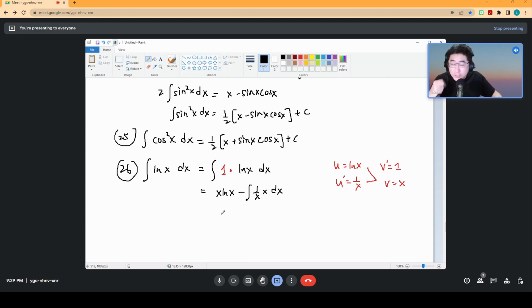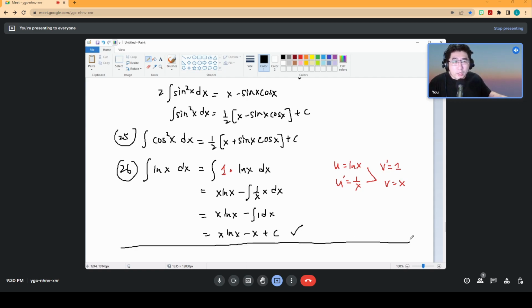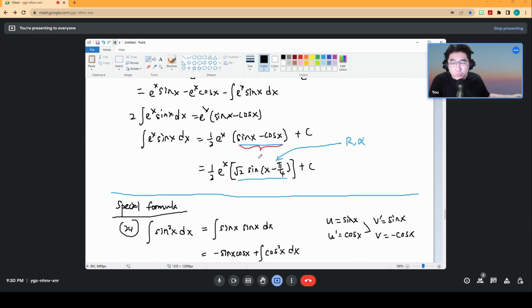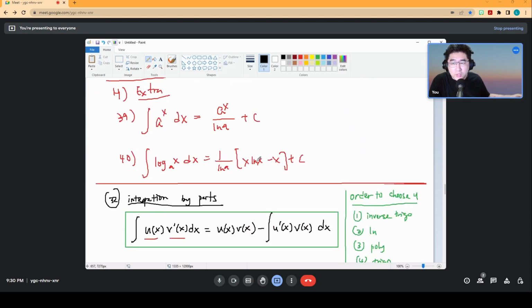The x here can be cancelled off, so x ln x minus integrate of 1 dx, which is x ln x minus x plus c. So this will be your rule 32, the second technique.